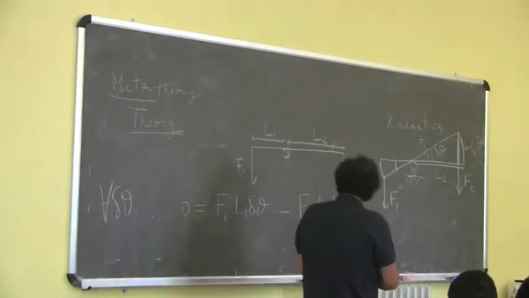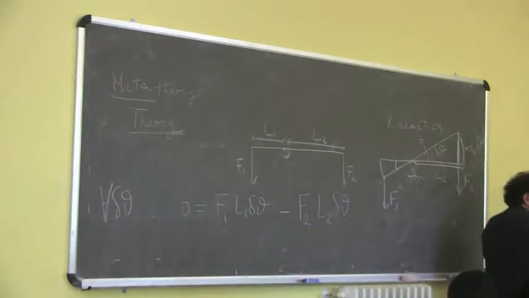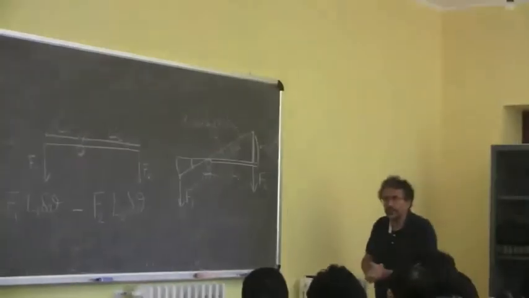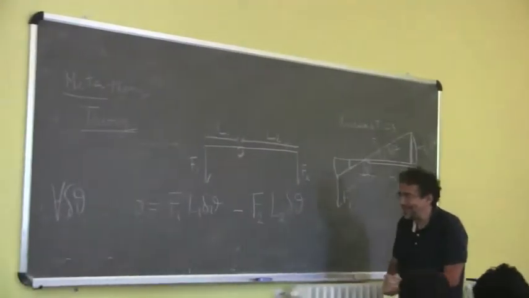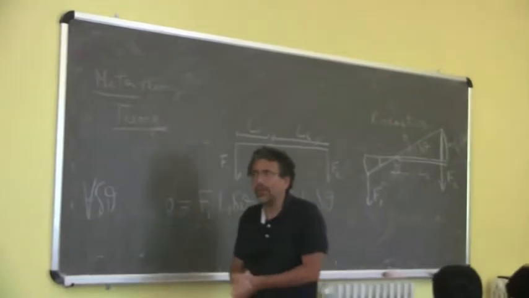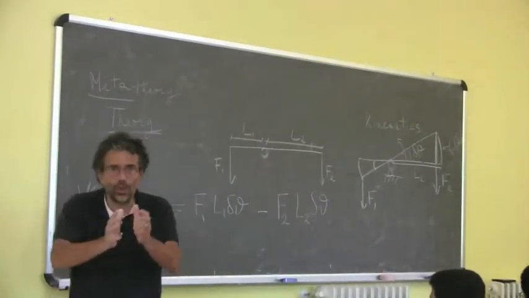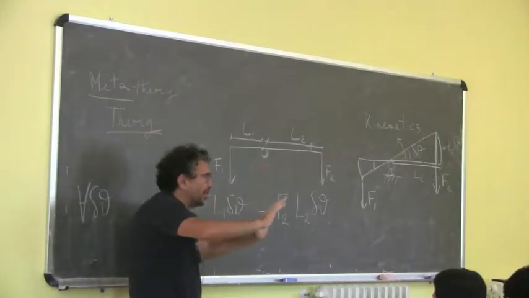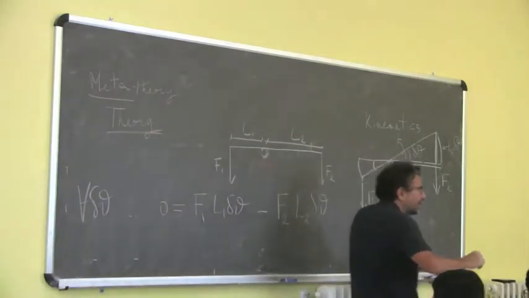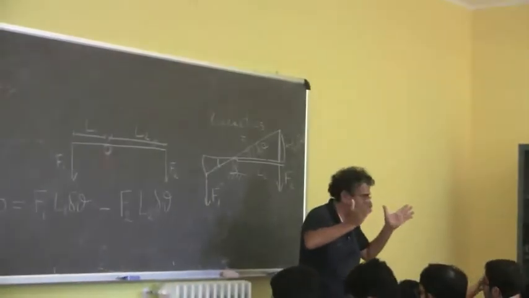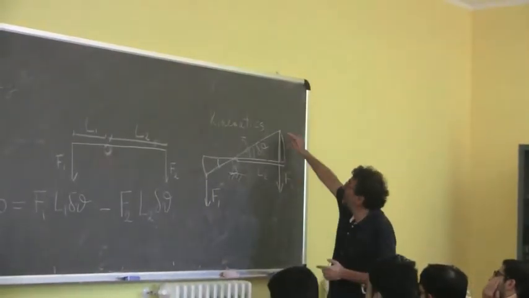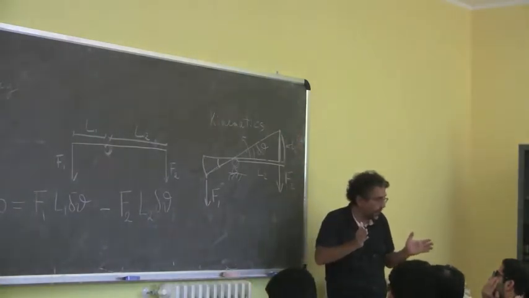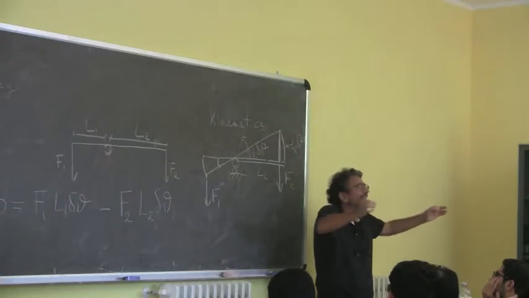So, the equilibrium of a lever is attained when, for every admissible virtual displacement... Let us slowly consider this. Your bar is rigid, so this point can move only along this circumference. You cannot elongate the bar.